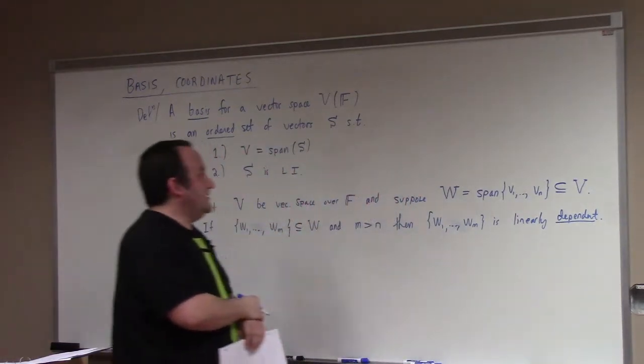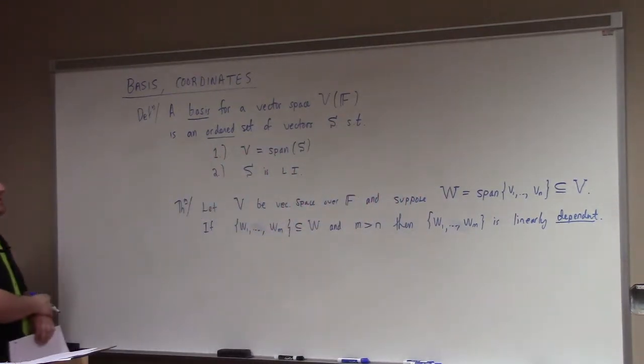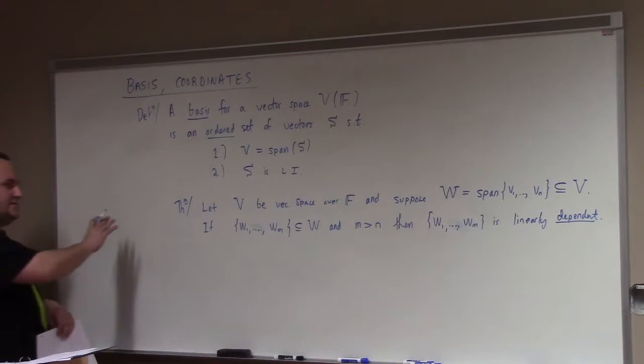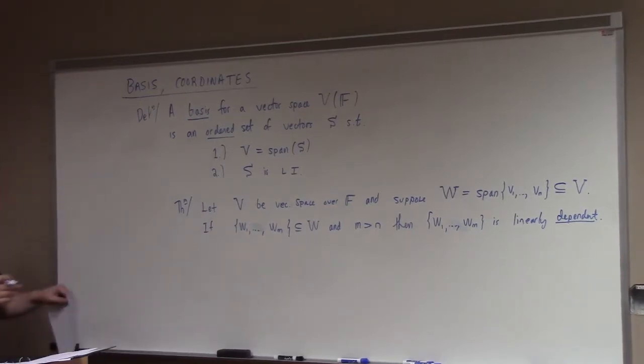The operative idea here is that the basis is essentially a minimal spanning set. It's like the smallest spanning set you can get. Linear independence assures us that minimality, that we can't remove anything from S and still get the same span. This theorem is easy enough to understand, but it's much harder to prove. I'm not going to prove it today.